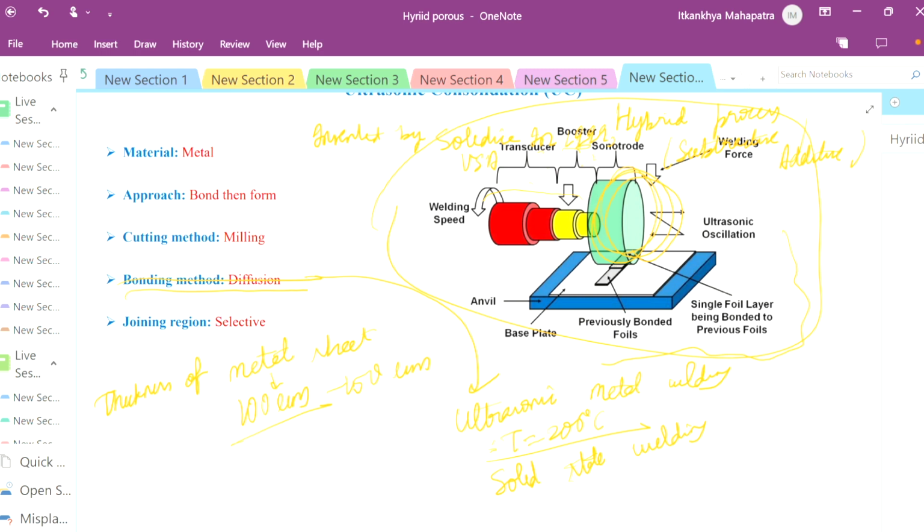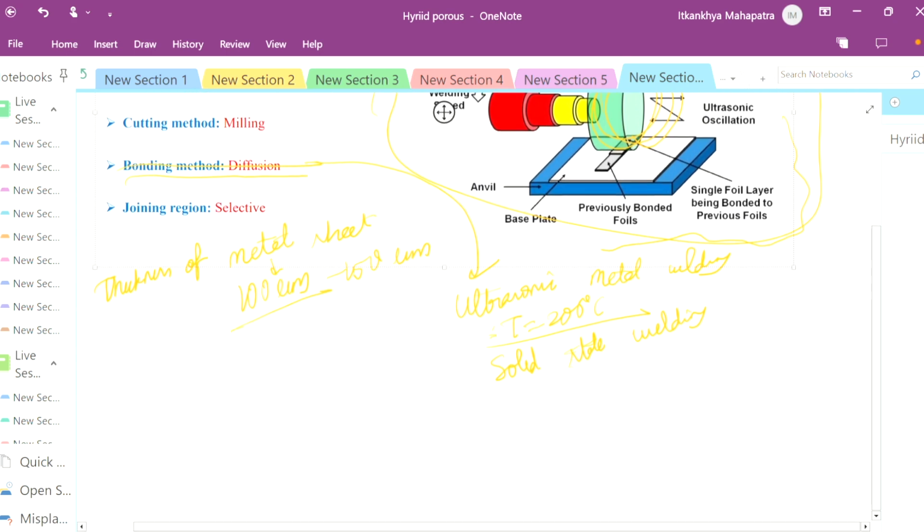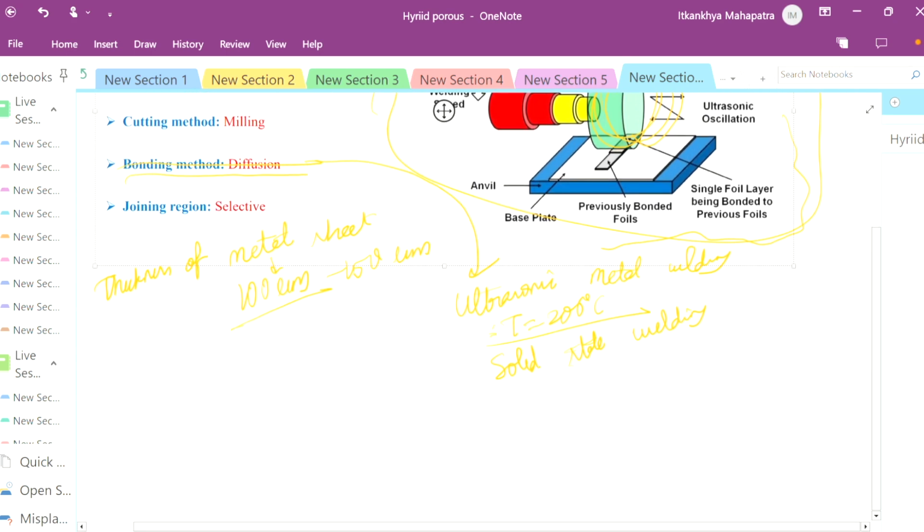These are the salient important points for this method. I'll just write quickly. The vibration is in the transverse direction.